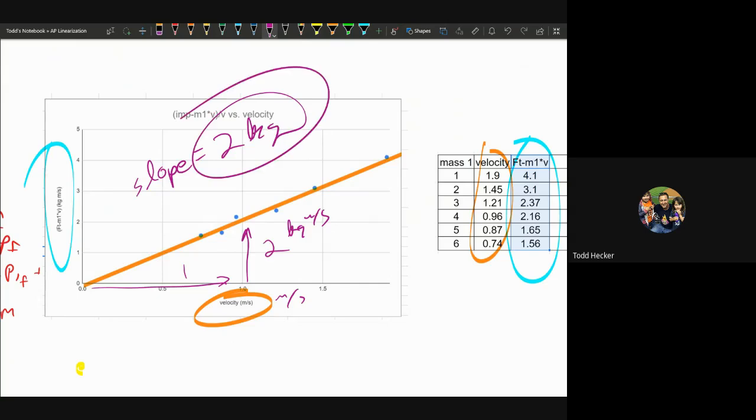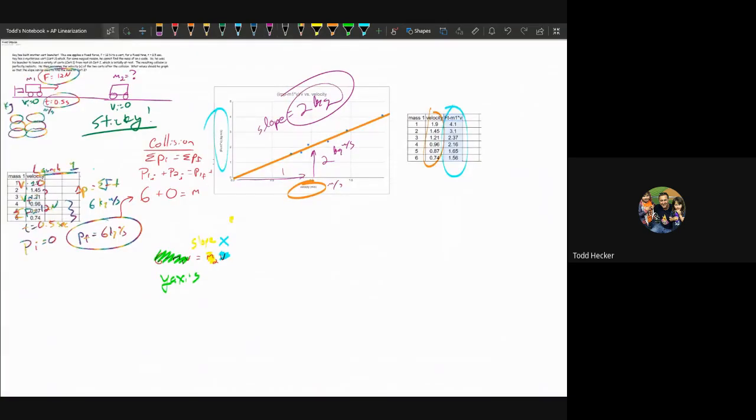All right. But once again, there are a bunch of other ways you could do this. If you had wanted to, I could have left it as negative m1v equals m2v minus 6.